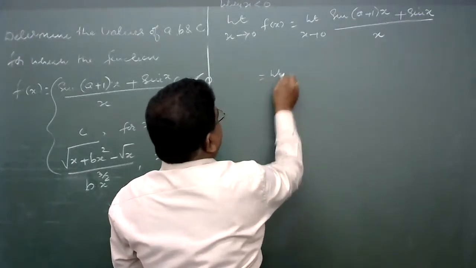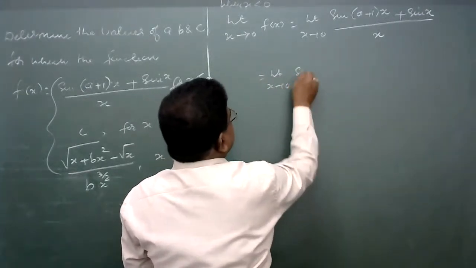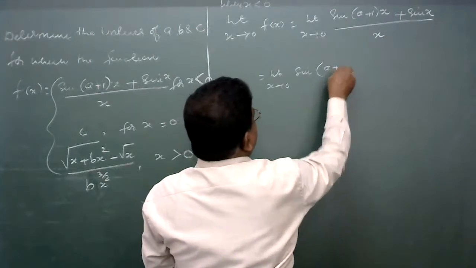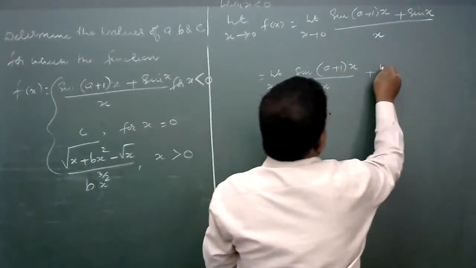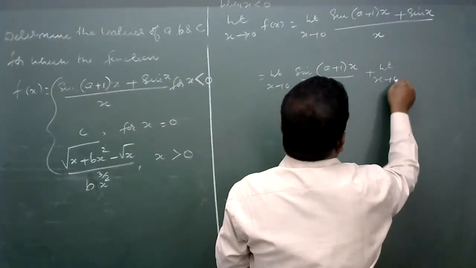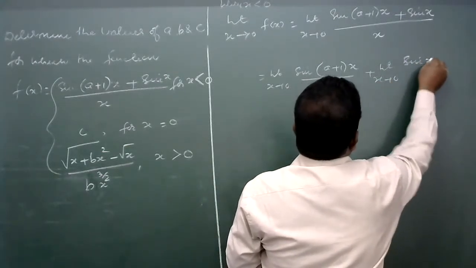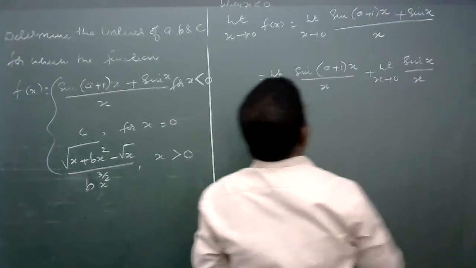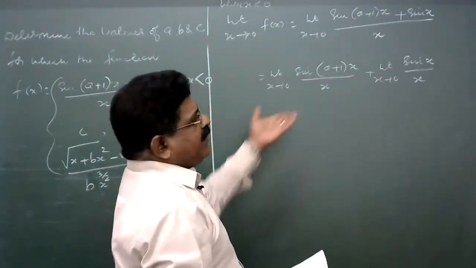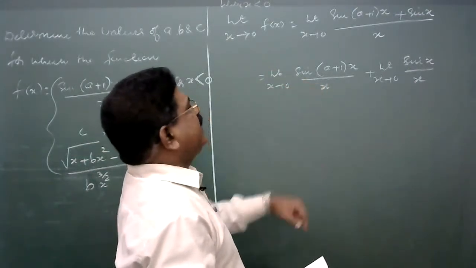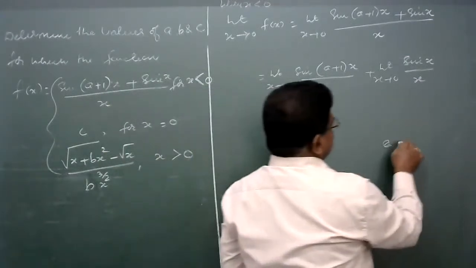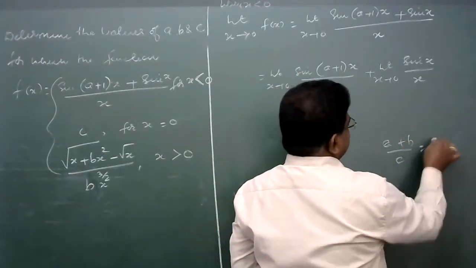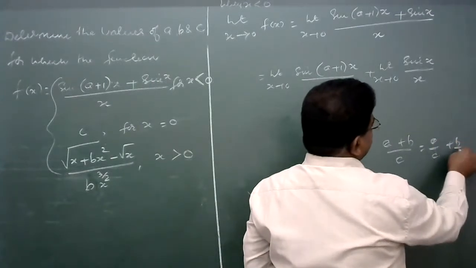So this is equal to limit x tends to 0 of sin of (A plus 1)x upon x plus limit x tends to 0 of sin x upon x. Otherwise, you can apply the sin C plus sin D formula. This will be very easy. A plus b upon c is equal to a by c plus b by c. Very simple.